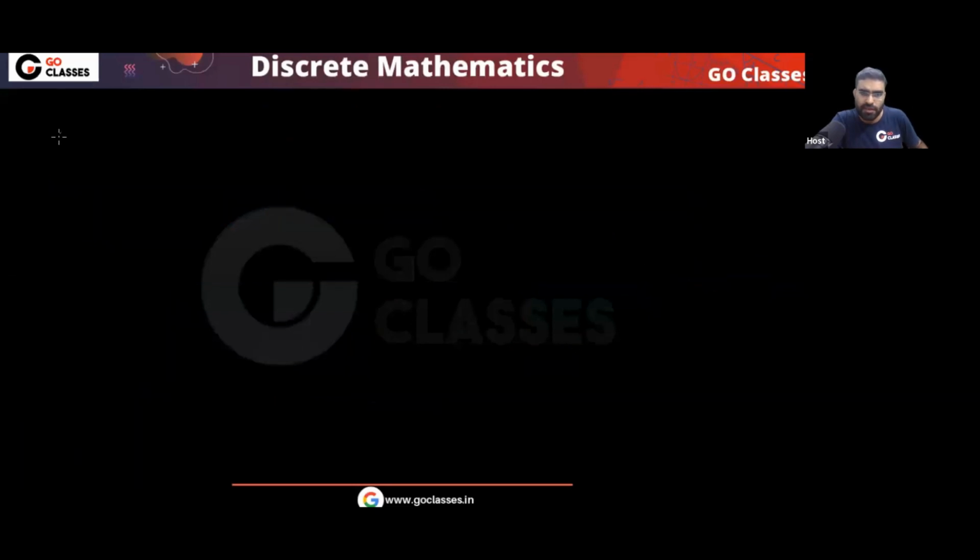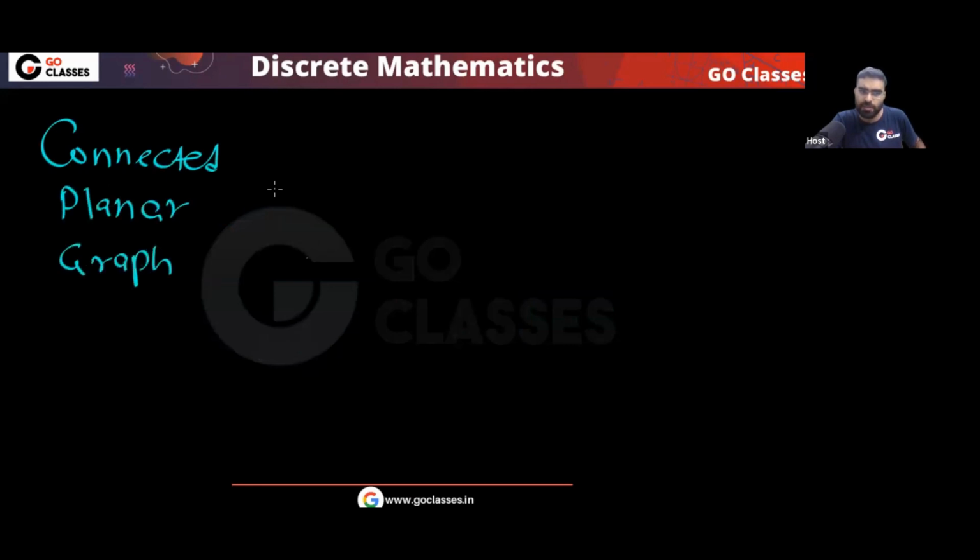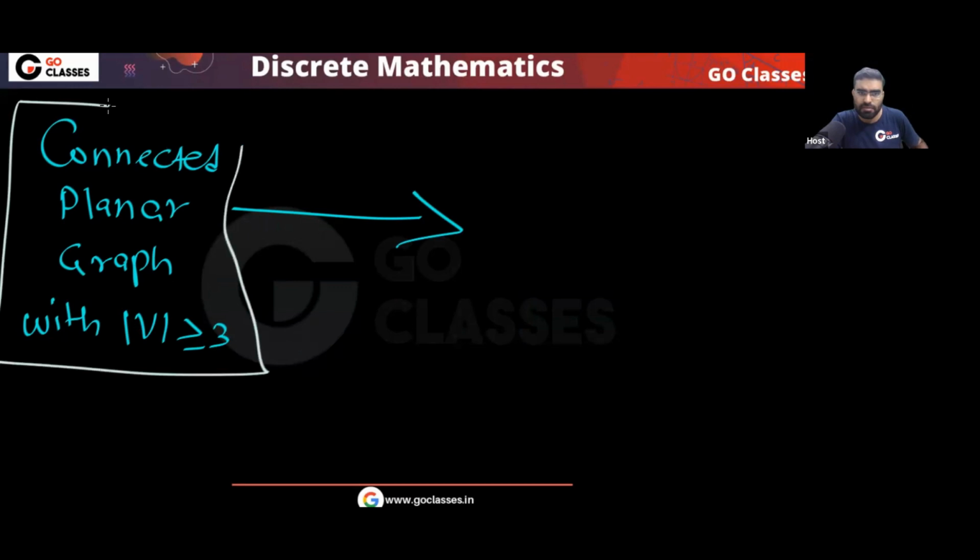It means that if you have a connected planar graph with the number of vertices at least 3, then this will happen: the number of edges is less than or equal to 3v minus 6.